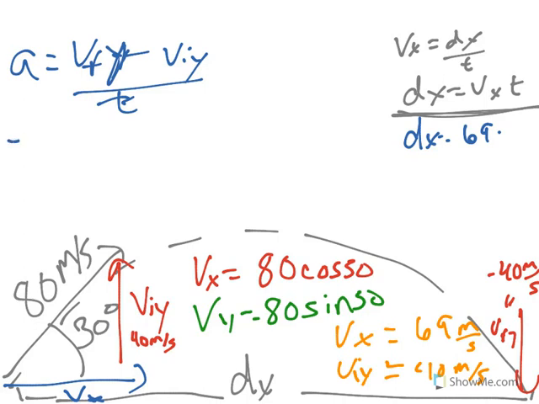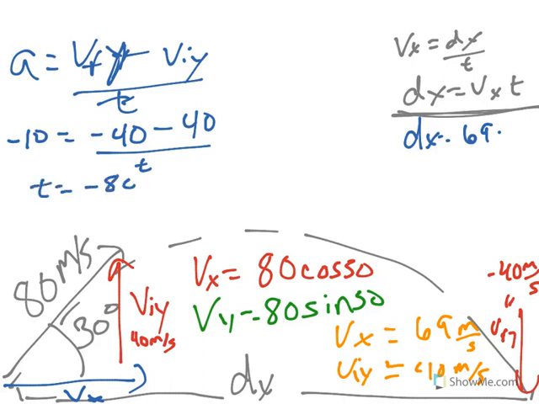A is, remember, negative 10. Vfy is negative 40. Viy is 40. And divide that by t. So we get, bring t up, multiply t up, and divide by negative 10. So we get t is equal to negative 80 divided by negative 10, or t is equal to 8 seconds.